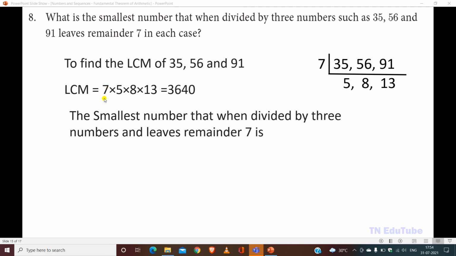The smallest number that when divided by the 3 numbers leaves remainder 7: this one is the least common multiple which is divisible by the 3 numbers, isn't it? But the question is, when divided by the three numbers, it leaves remainder 7. So what you have to do? You have to add the remainder 7 to this least common multiple. That is the required answer for the given question.